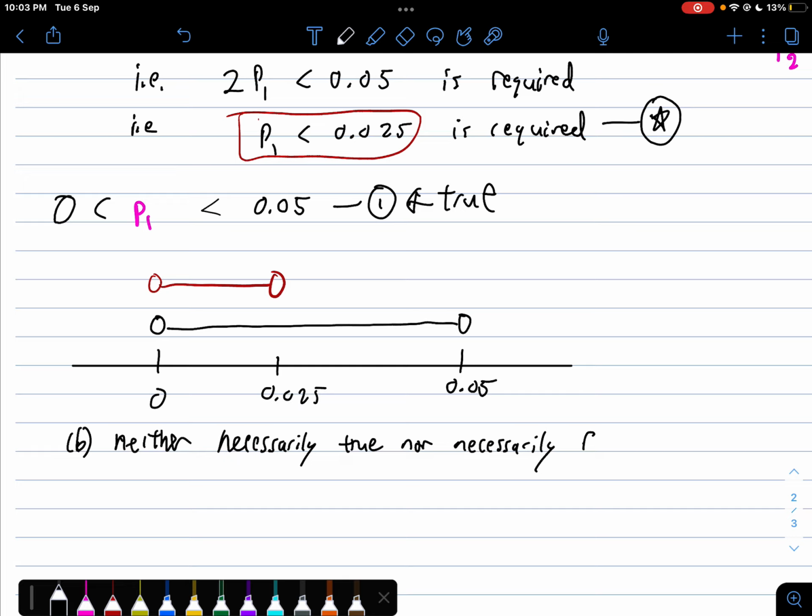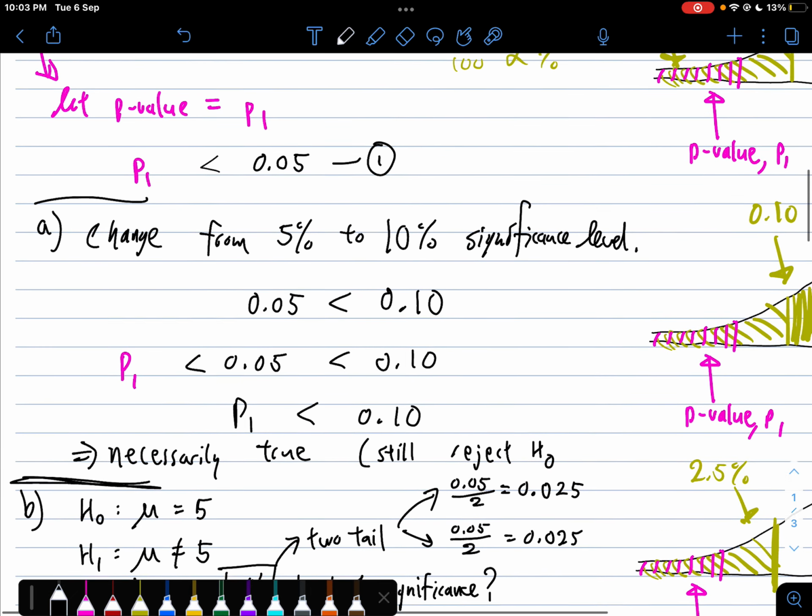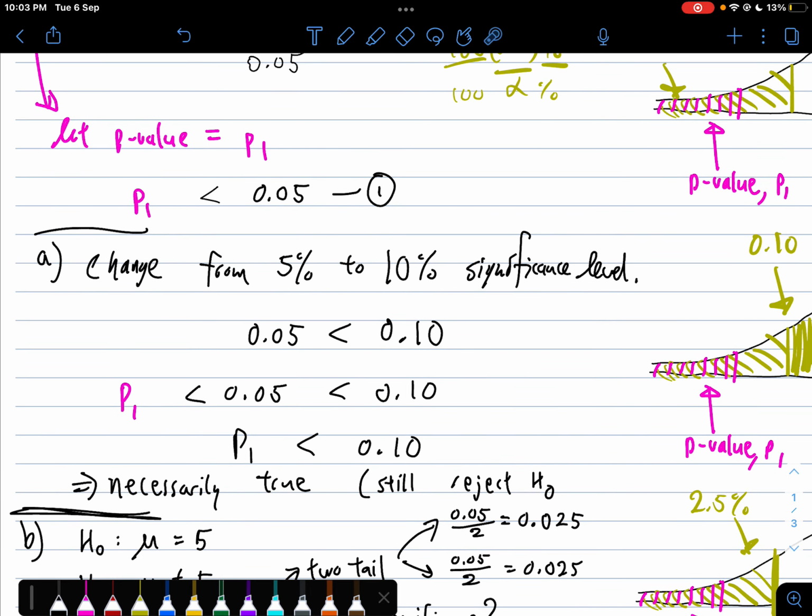Part A is definite because of the chain of inequalities. We know that we are always less than 5%, 0.05, and our requirement is more loose. We just need the P1 to be less than 0.10.